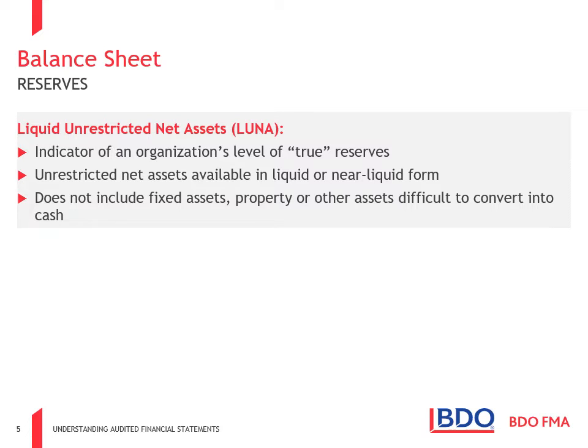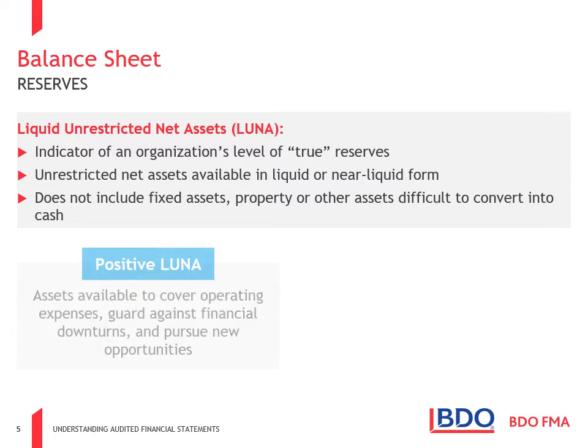That does not include the value of fixed assets like our building or our property. If we have positive LUNA, that is our reserve position. Those are the assets that we have available to cover operating expenses, provide working capital, and so on.